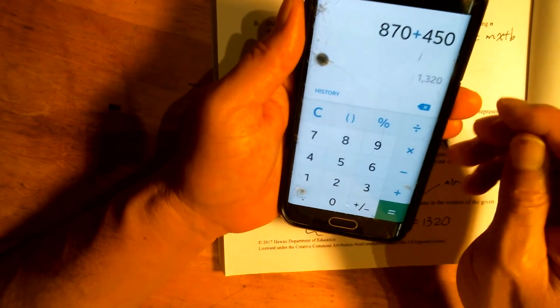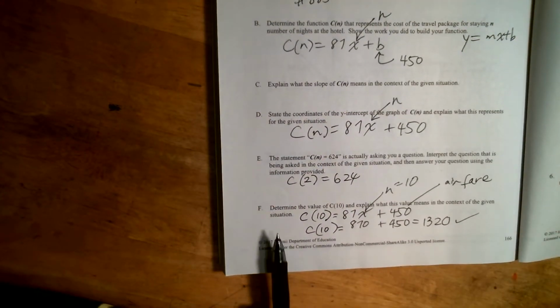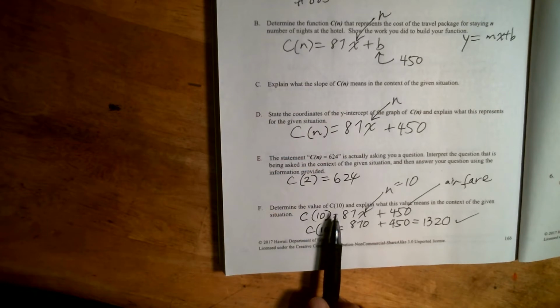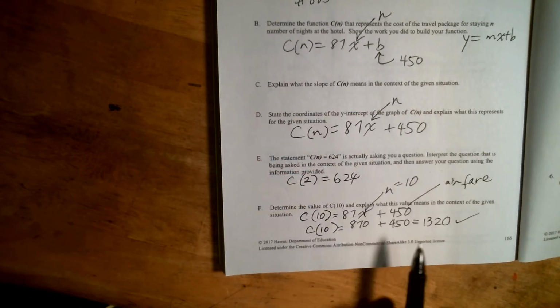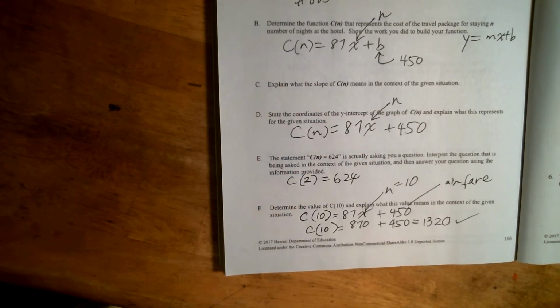Yeah, that is correct. This is your answer. So this means that if you stay 10 nights, the total cost, airfare plus 10 nights at the hotel, is going to be $1,320.